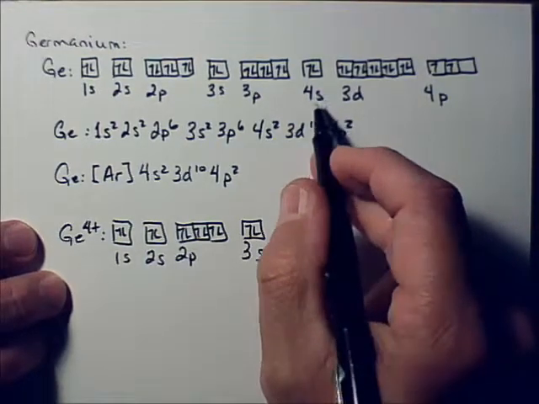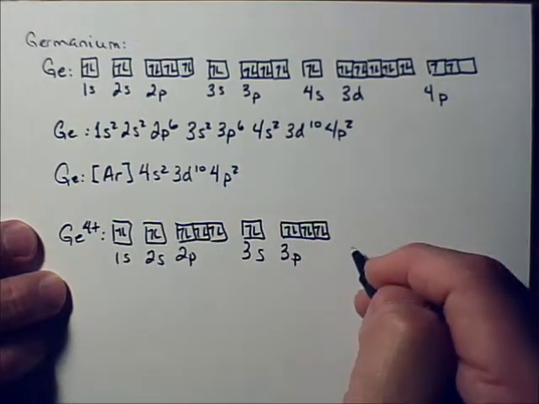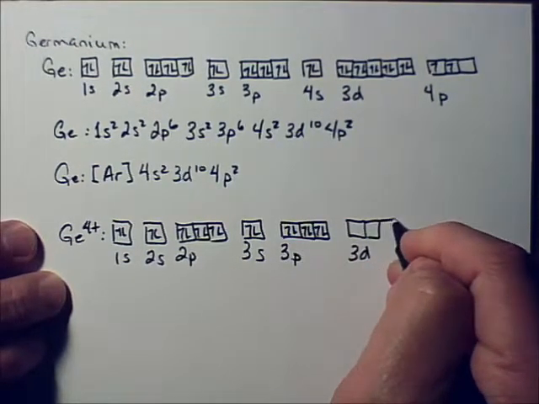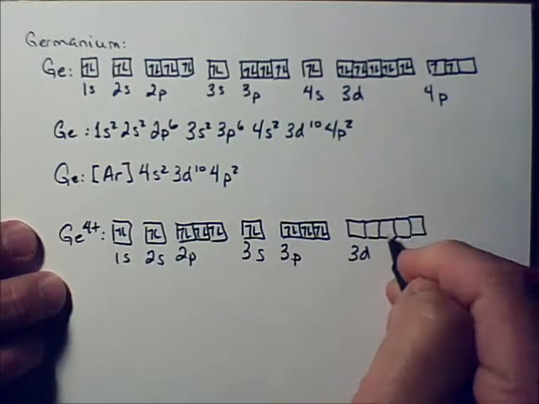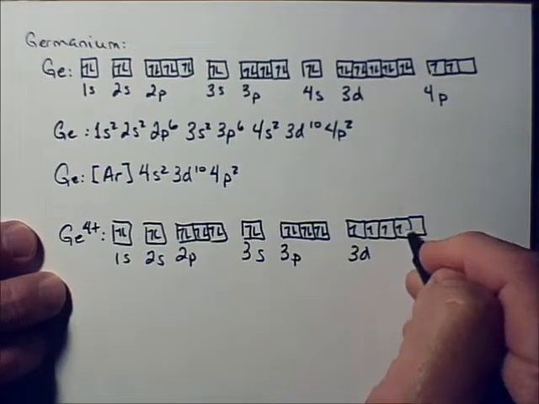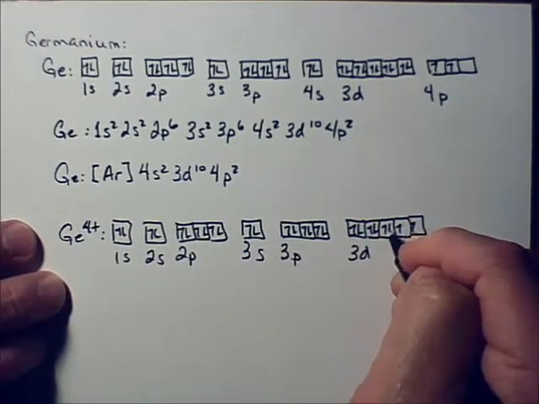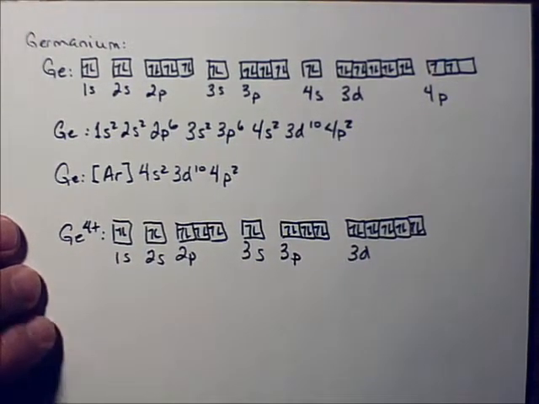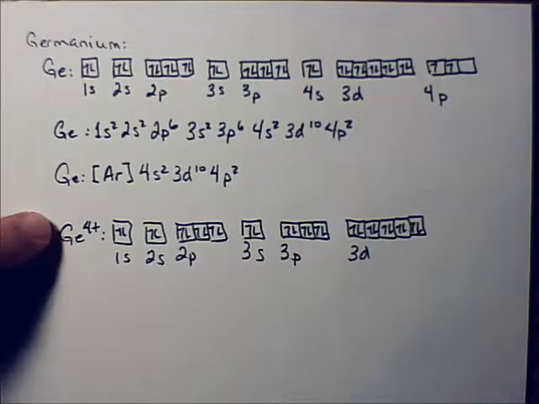Then 4s is going away. We keep 3d, 5 orbitals, 10 electrons, and 4p is gone. So that's the ion germanium 4 plus. Okay? Got that?